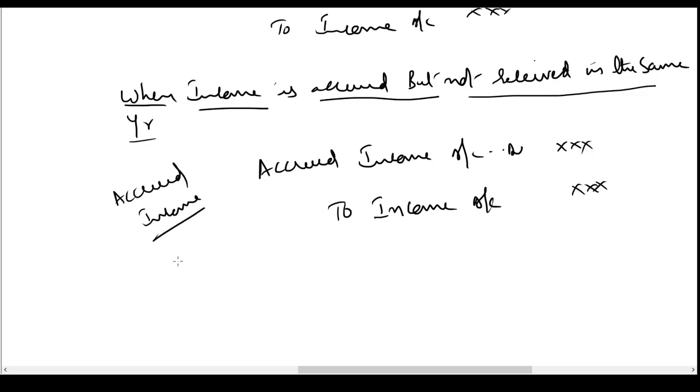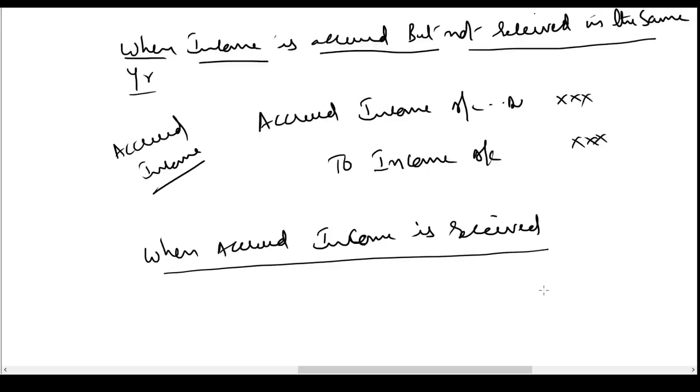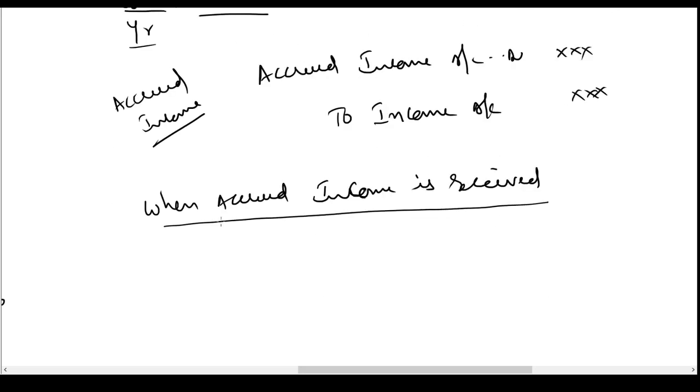In the year in which it is earned. When accrued income is received, the income is already recognized, but now it is received. We are able to now collect the money.